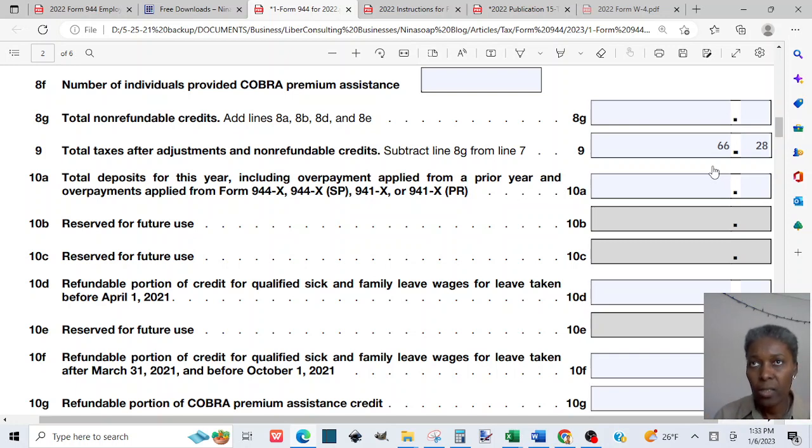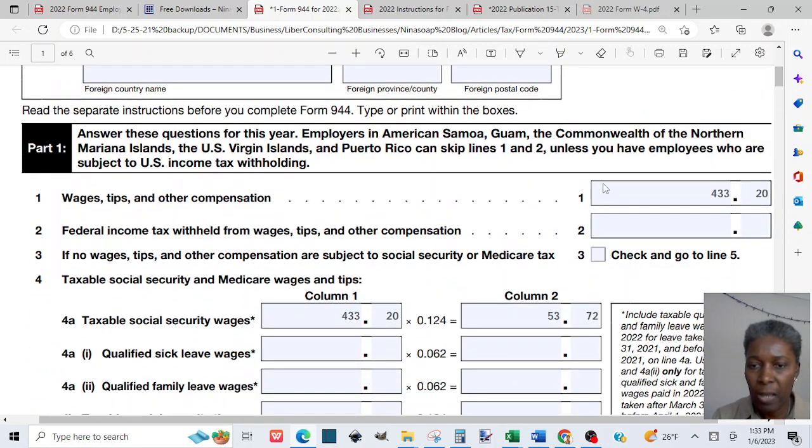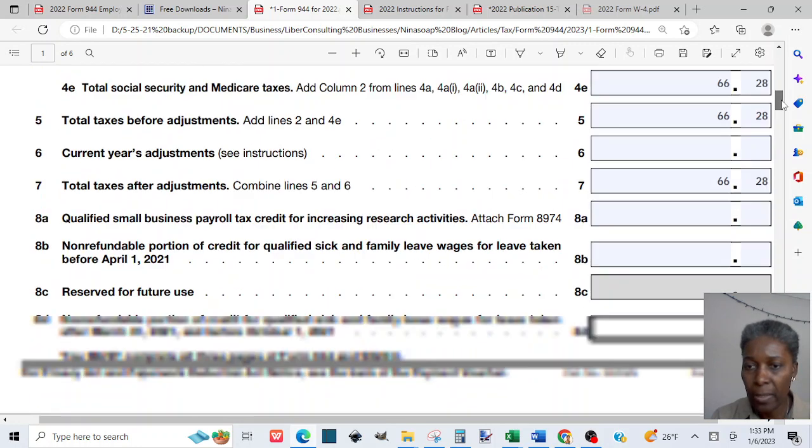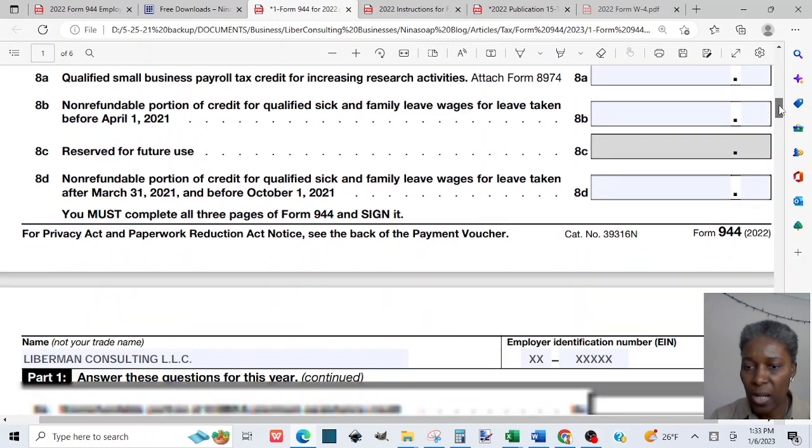If in your case, so far you didn't have any payroll, you have 0 wages paid, and your line 1 is blank, your line 2 is blank, you check box 3. You check box 3 because you didn't have any social security and Medicare tax, and you go to line 5. Your line 5 is blank. Everything is blank.